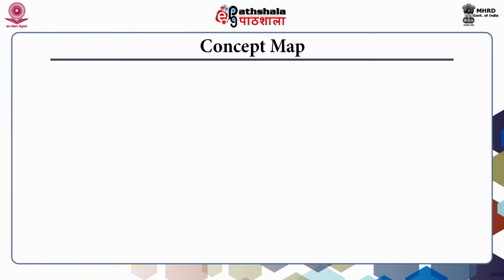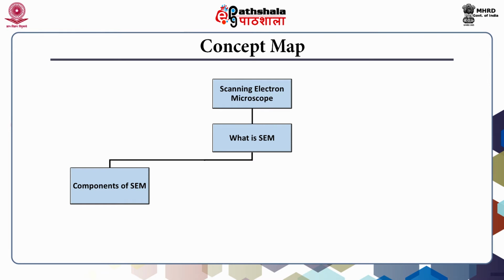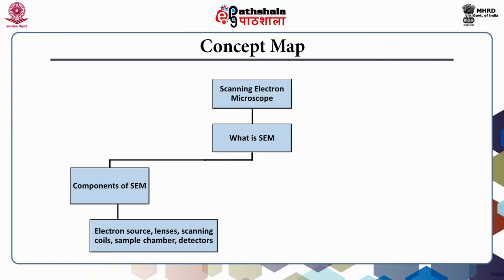This flow diagram shows the concept map that will be followed during this lecture. We will first study the working principle of the scanning electron microscope, and the various components of the scanning electron microscope, which include electron source, lenses, scanning coils, sample chamber, and detectors.